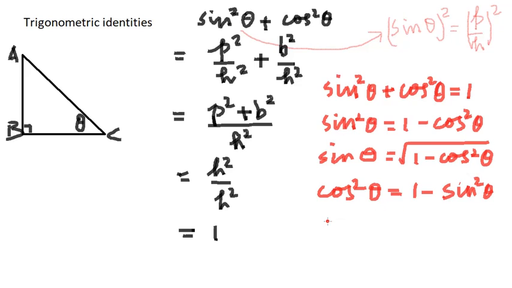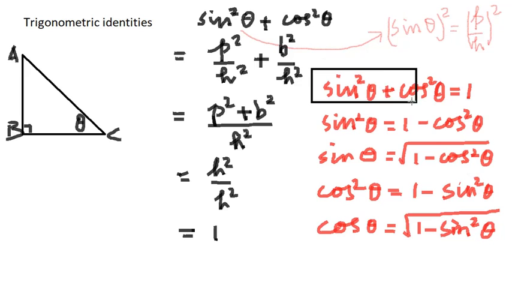So obviously, without the square, cos theta will be equal to root of 1 minus sine squared theta. So from this basic identity, that is sine squared theta plus cos squared theta equal to 1, we can derive 4 other identities.